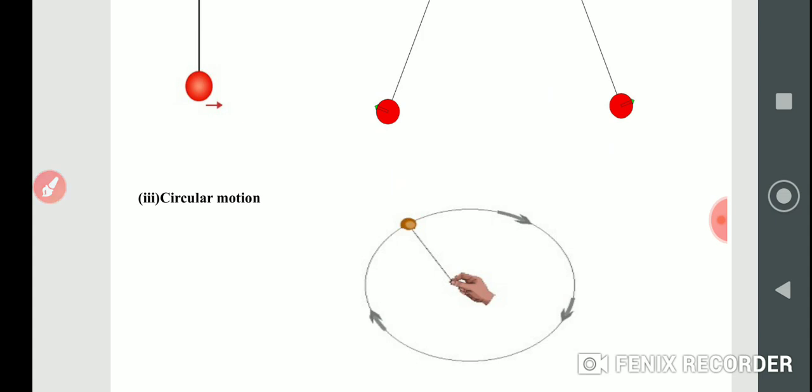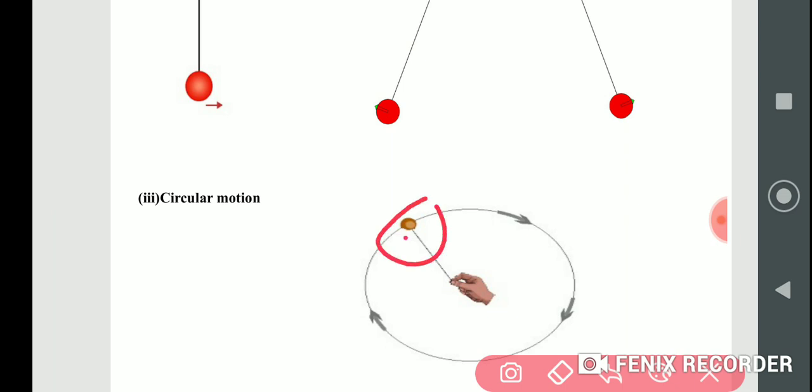When a body is moving in a circular path, then the motion of the body is called circular motion. In our example, this object is moving in a circular path in clockwise direction. So we can say that this movement is circular motion. Another example of circular motion: the Earth revolves around the sun, planets revolve around the sun. So in our daily life, we can consider many examples.